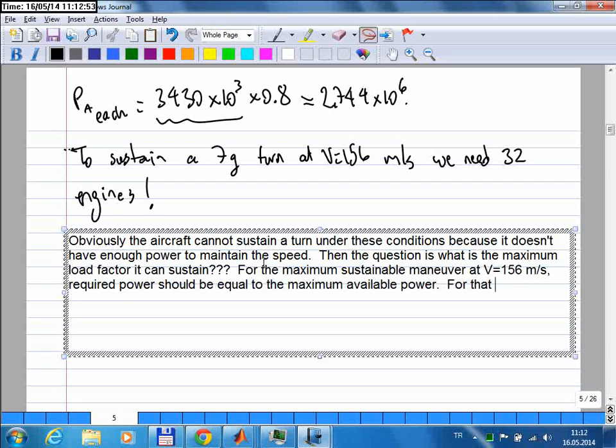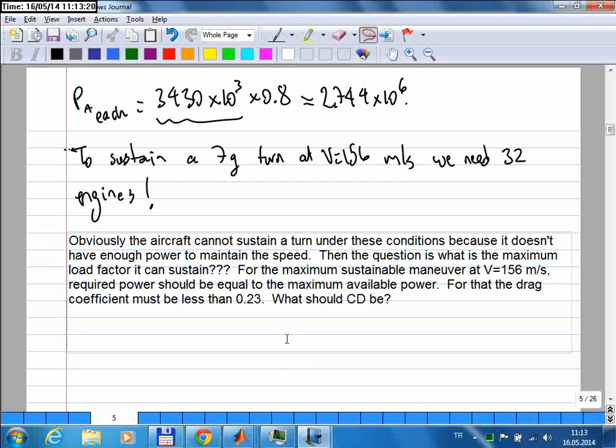For that, the drag coefficient must be less than 0.23. So what should the drag coefficient be? This is how we can find out.